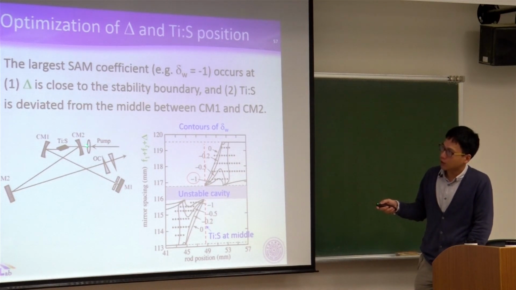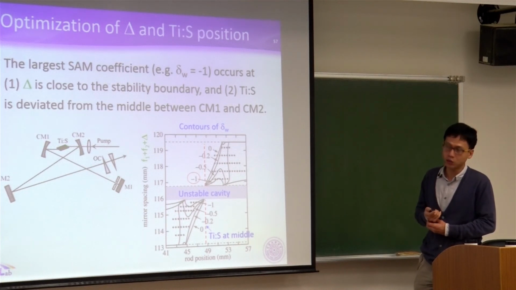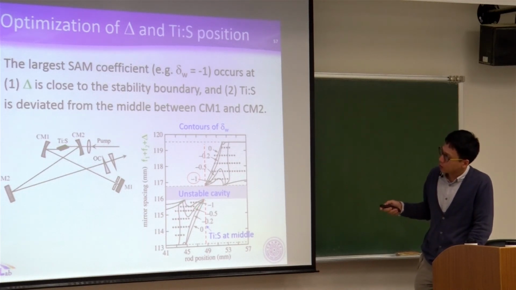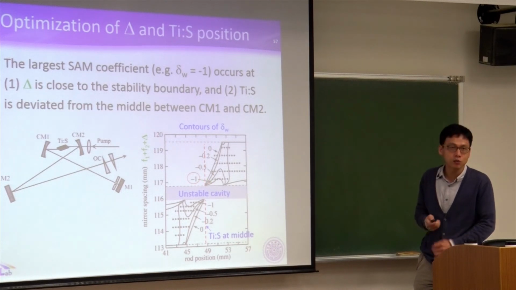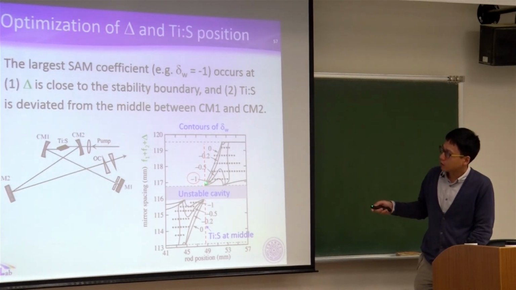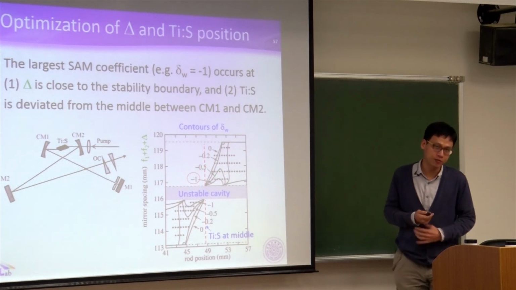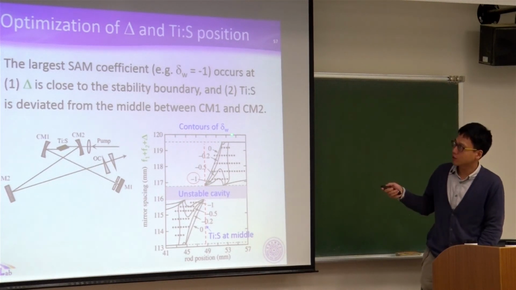所以我一边调这两个的间距，一边又调这个晶体在这两个 mirror 之间的位置，我两个都调。然后呢，我会去画什么？我会去画 contours of delta W。Contours means 有点像等高线图哈，就是某一个 curve 就代表像这个 curve 代表上面的每一点都对应到 delta W equals minus 1， 然后第二个 curve 就代表每一点都对应 delta W equals minus 0.5。Okay, and what is delta W?